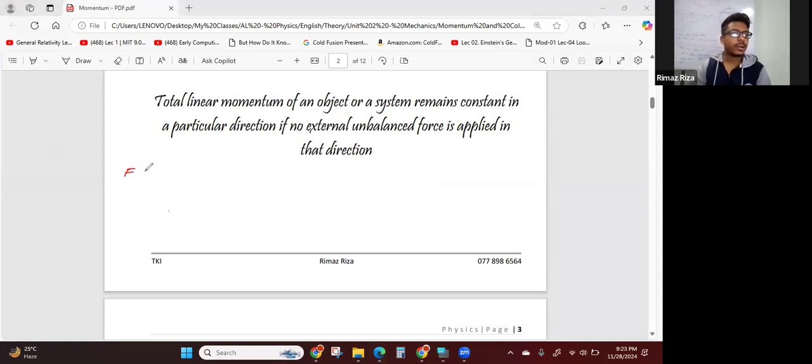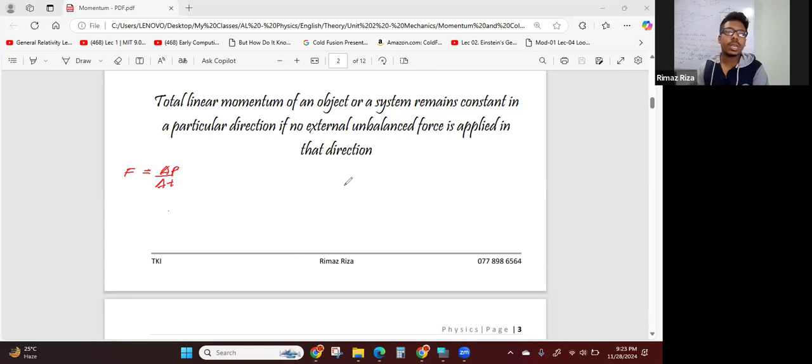In fact, it is equal to the rate of change of momentum. Okay. And the direction of the force is in the direction of change in momentum.